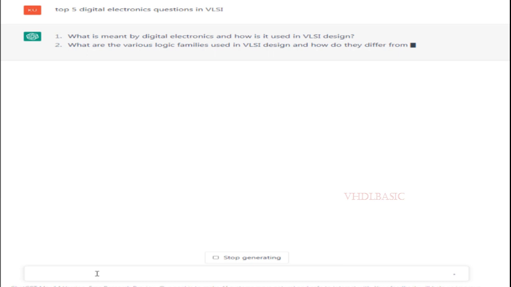Next one, RTL, resistor transistor logic. RTL is a logic family that is known for its simplicity and low cost. It is commonly used in applications that require basic logic functions such as in calculators and other control circuits.